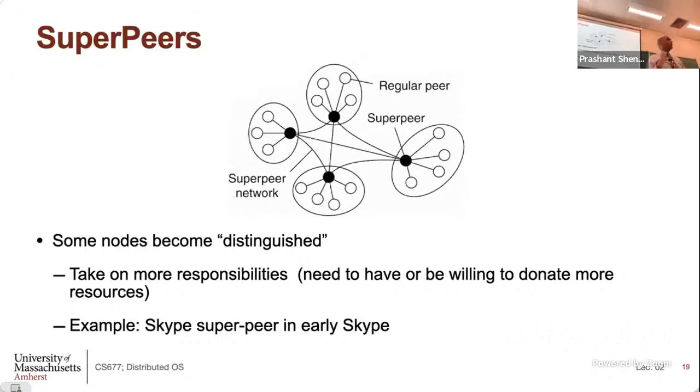Now, yes, your question. How is a super peer different from a network subnet? A network subnet is simply a networking abstraction where you can give IP addresses to machines. When you try to broadcast packets, you limit it to each group that's called a subnet.